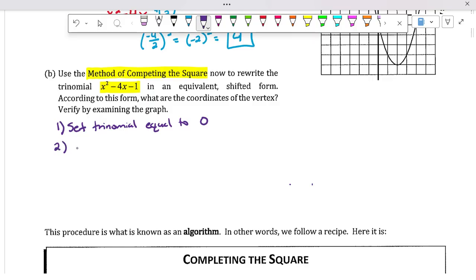Then move the c value to the other side of the equal sign. And remember, for that, you got to use inverse operations.